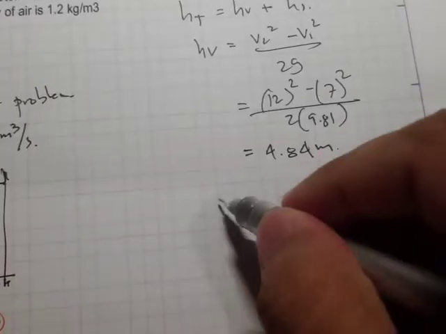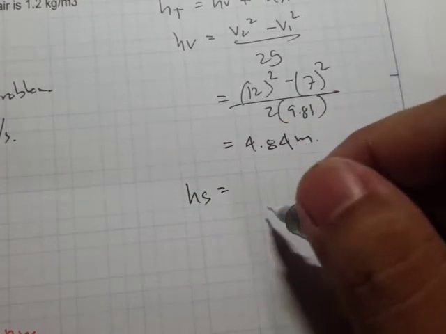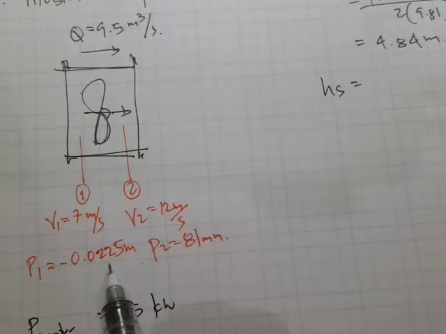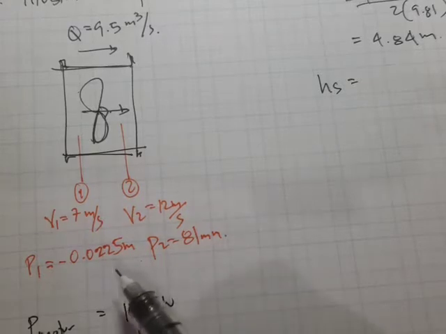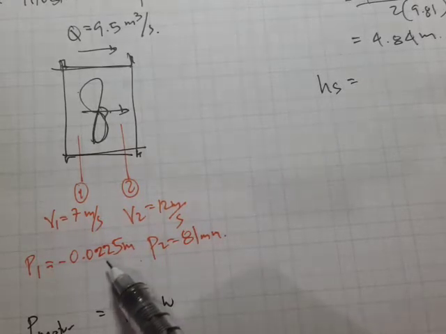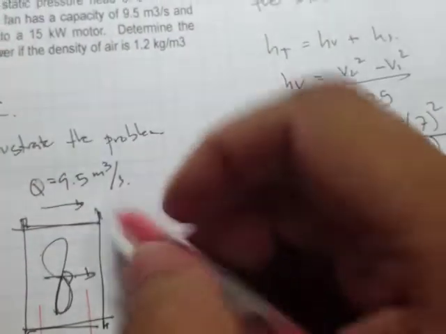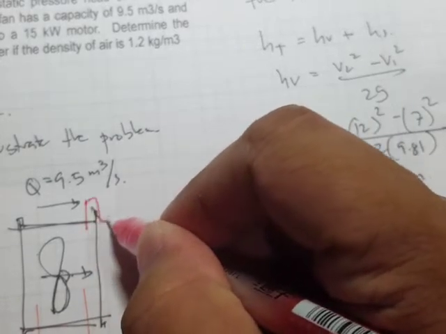Okay, next one is H sub S. Take note that our pressure is in terms of head, but this head right here is actually the head of water. So what that means is, let's say we have here a U-tube manometer.